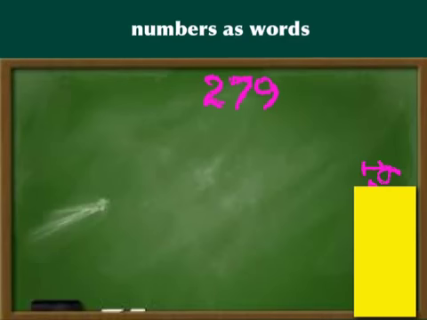Okay, so I can start looking at this number, and I can see that over here in the hundreds column I've got a 2, and on this side I can see these 2 numbers together. Well, that tells me 79. They're numbers I already know how to say. So let's see what it looks like when we write it in words.